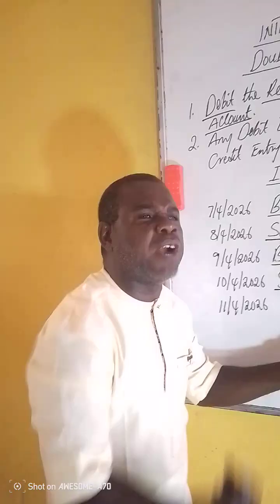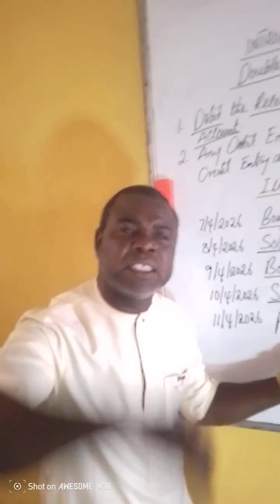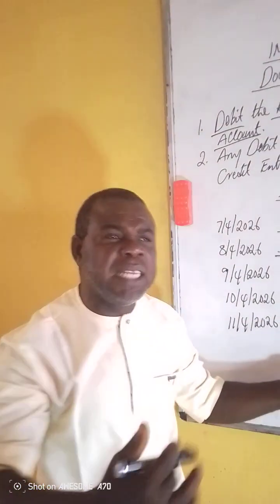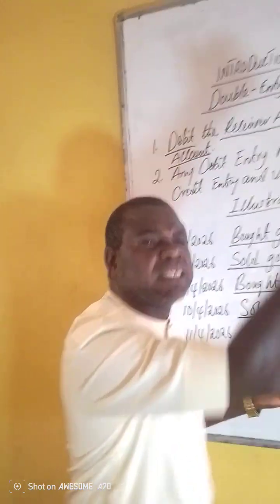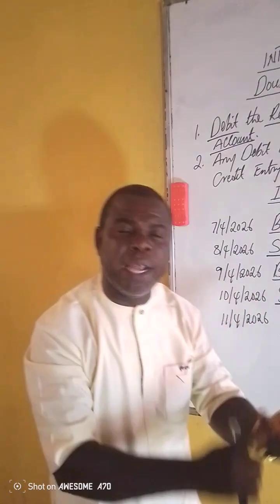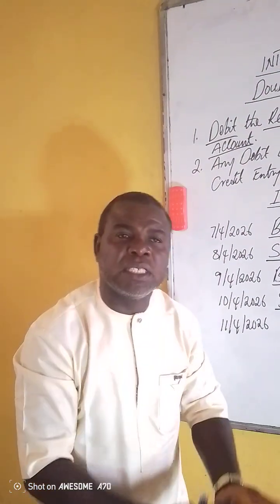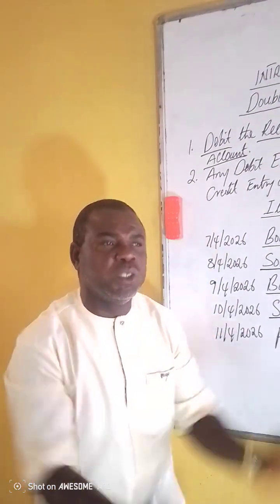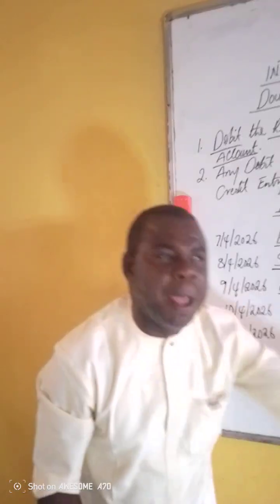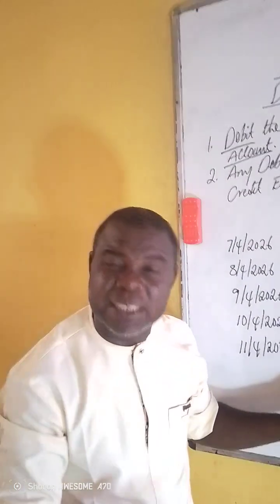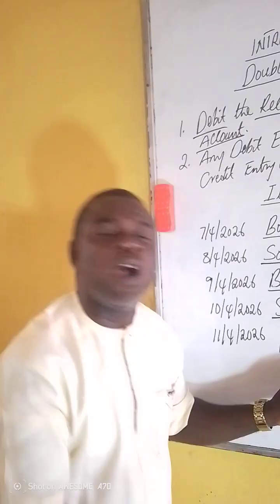So I want to categorize and say that all services paid by the business are debited because the business is giving out money and the services are being received. Mind you, I'm still repeating, services such as wages, insurance, electricity, printing, transport, and all kinds of services that the business receives as a result of making payment are debited. Then we conclude that all expenses are debited. All expenses paid for are debited.